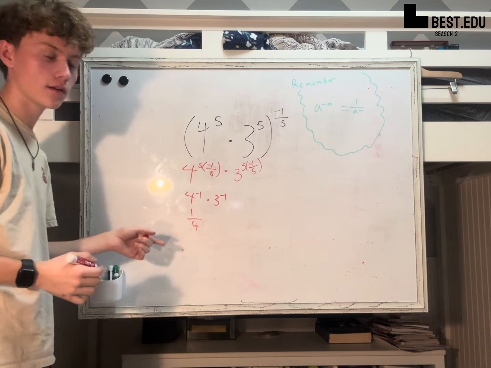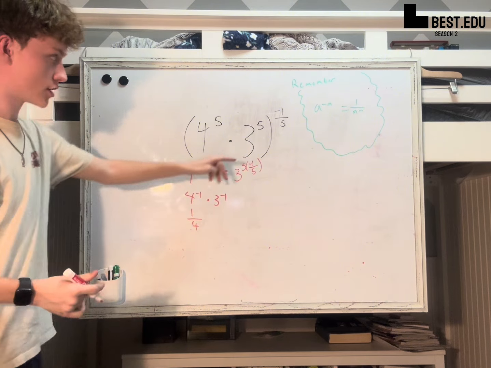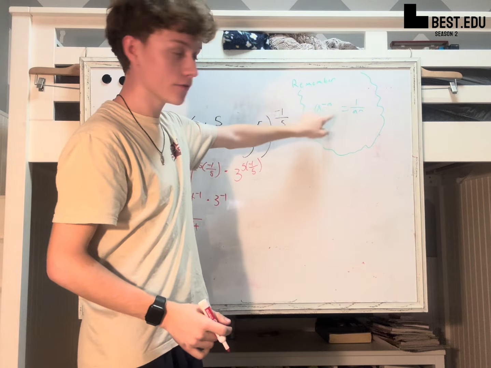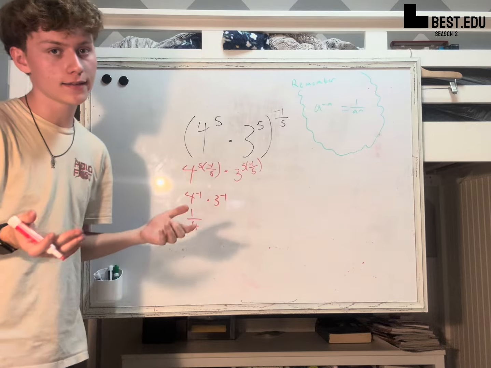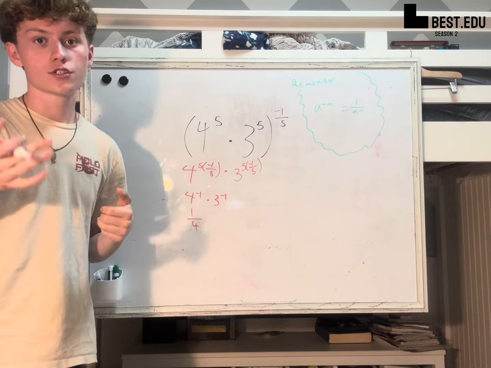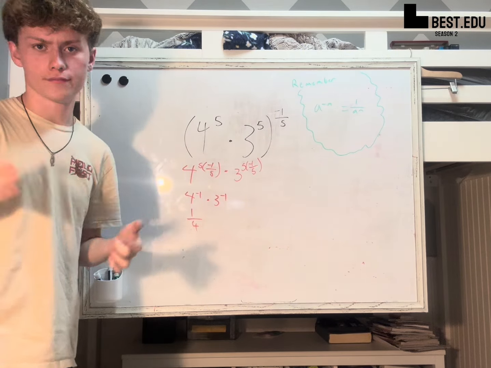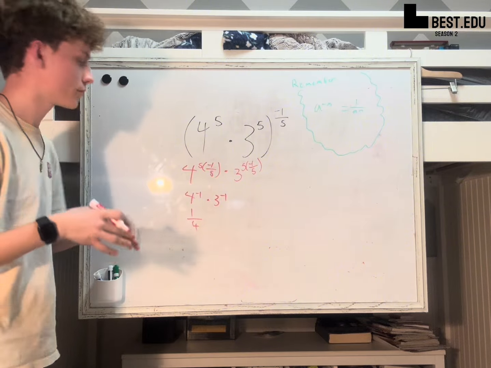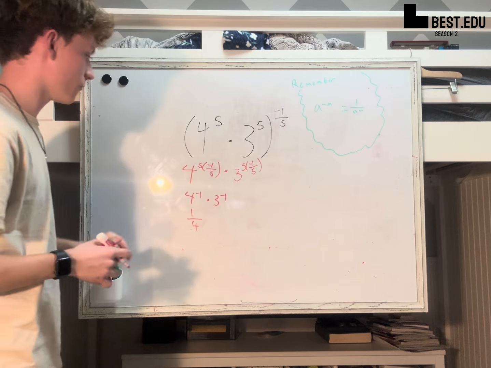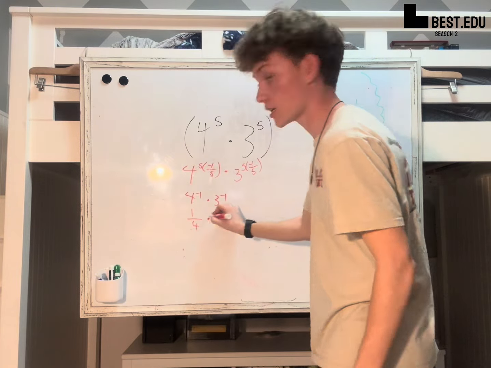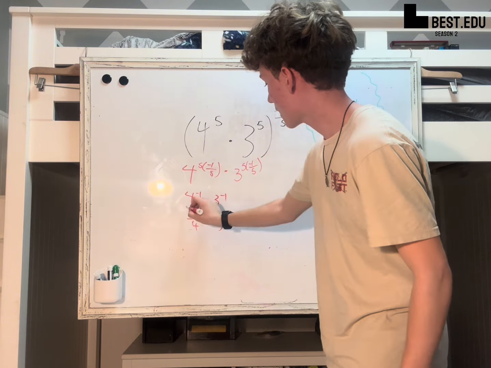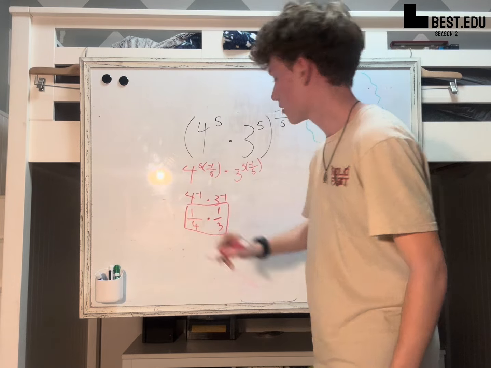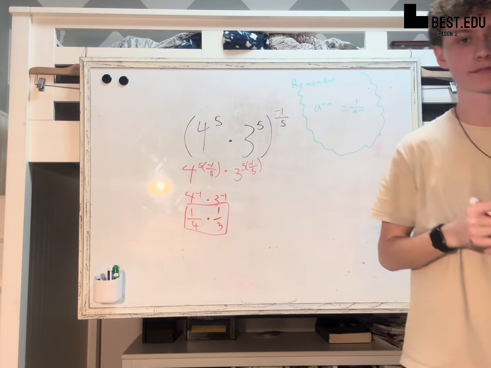Why does that happen? Because the 4 got changed from a negative to a positive. The 4 is technically, like all numbers, to the power of 1, because we got rid of the negative. So we get 1 over 4 times, and it does the same here with the 3, 1 over 3. And that is your answer.